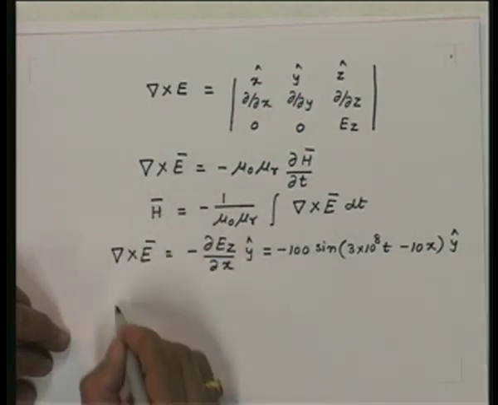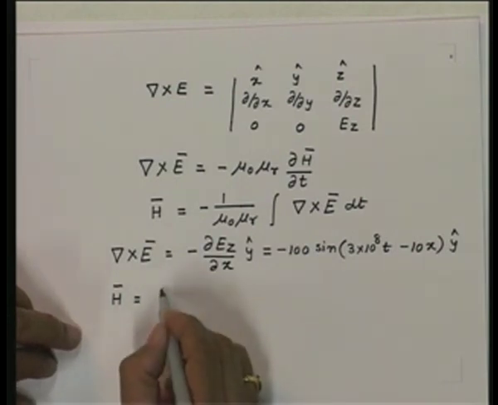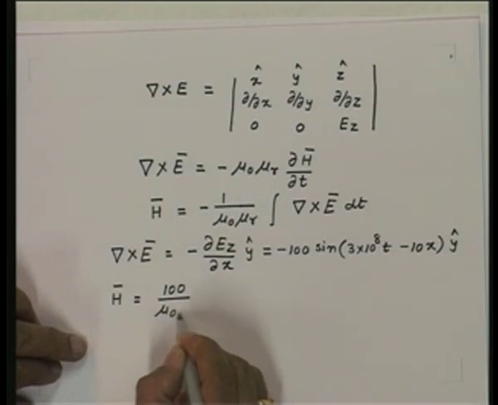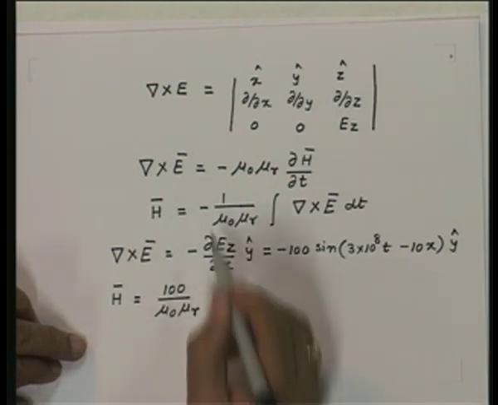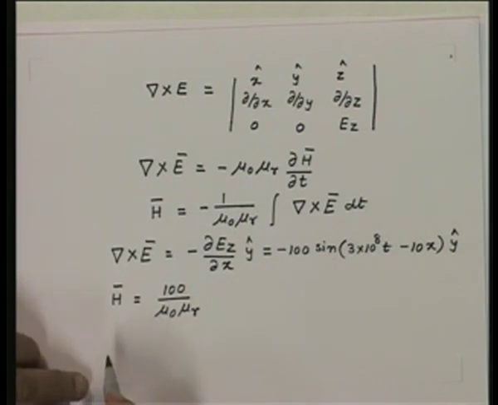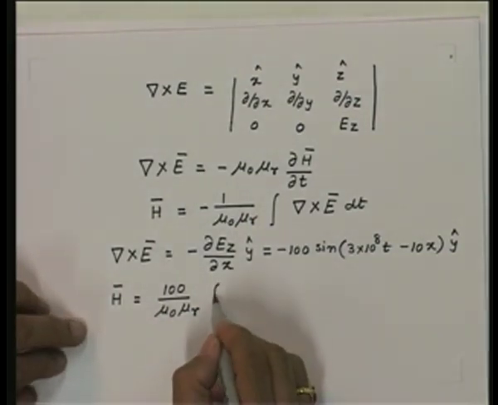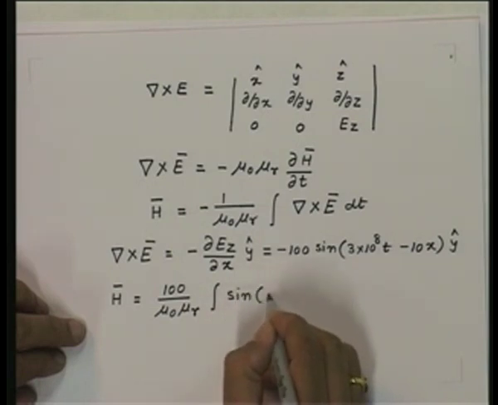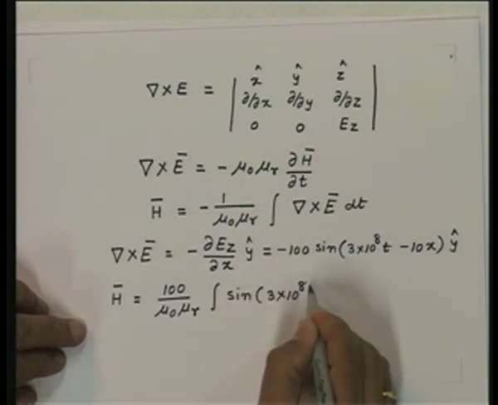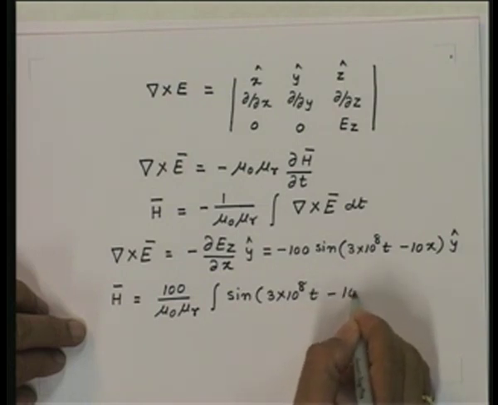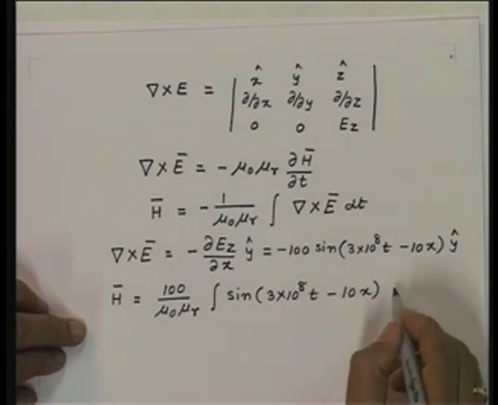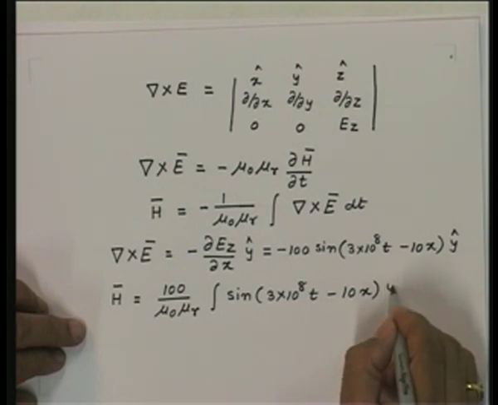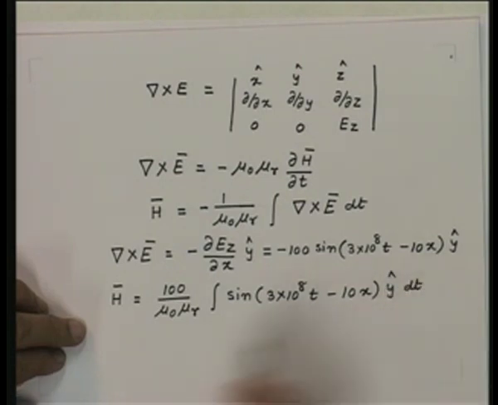And therefore, the magnetic field would be 100 upon mu 0 mu r. This minus sign cancels with this, so you have here a plus sign, integral of sine (3 into 10 to the power 8 t minus 10x) y cap dt.